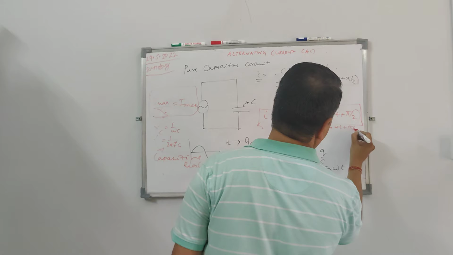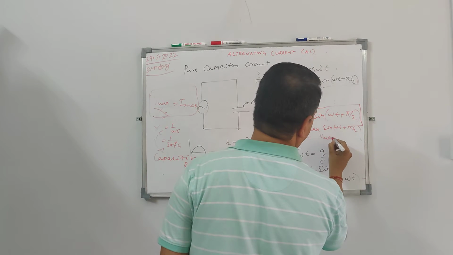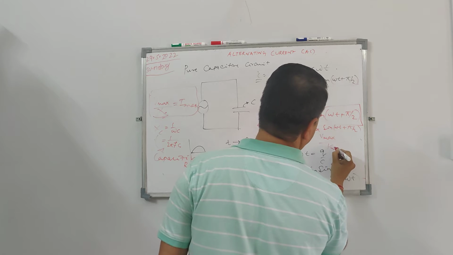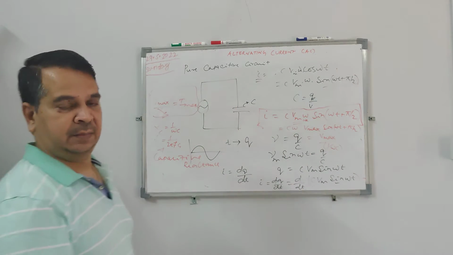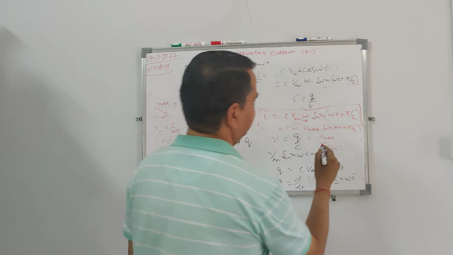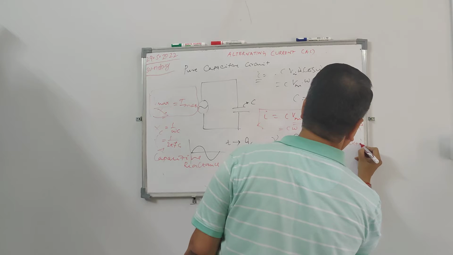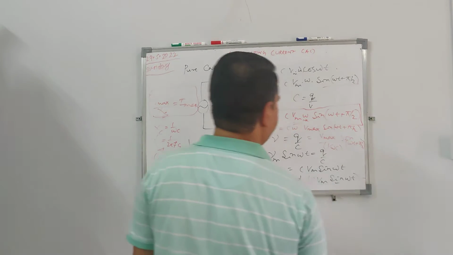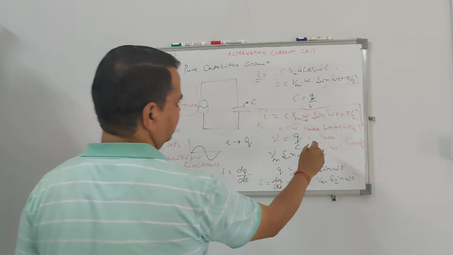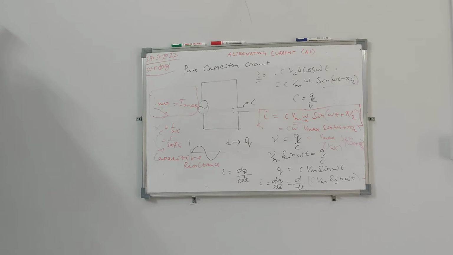If you simplify it, it becomes Vmax divided by 1 by omega c into sin omega t plus pi by 2. When you simplify this, it becomes omega c, so this whole term is XC.